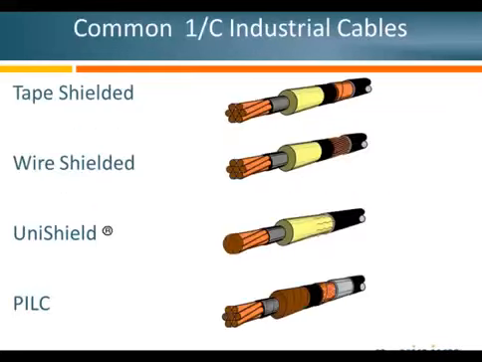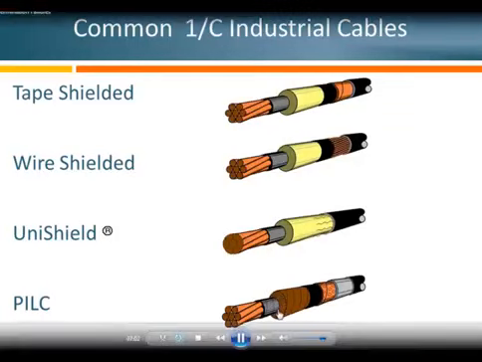So let's look a little briefly at the common cables that you see out there. Tape shield is very common, been around forever. It's used mostly in industrials, but some in network in the splices. You have wire shield, which is more common in Europe, but also used in industrial applications, as is unishield, typical industrial.